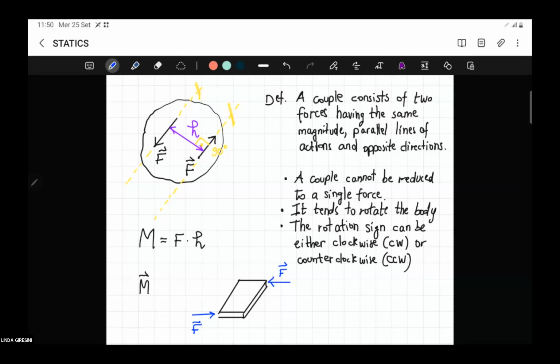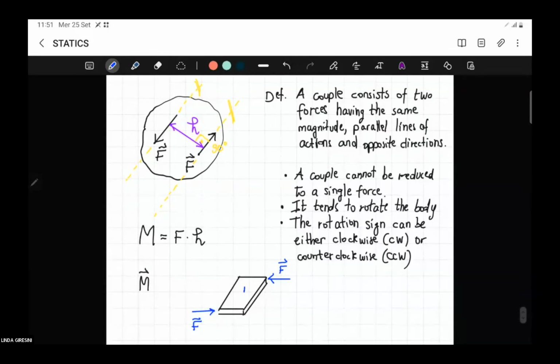So the vector M is a vector which is perpendicular to the plane in which the two forces are contained. And its verse is directed upward. How many of you know the right hand method, which goes like this?